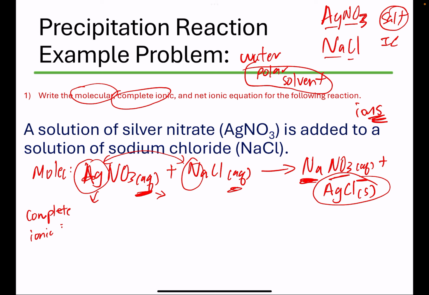Anyways, you have the positive and negative charged ions that are in the water. So in this case, it's going to be Ag+ aqueous plus NO3- aqueous. You can see that they remain positive and negative.